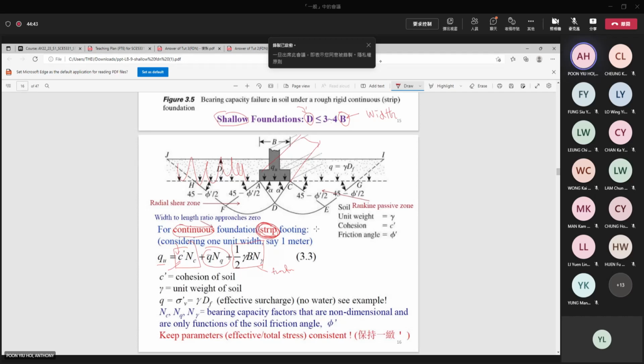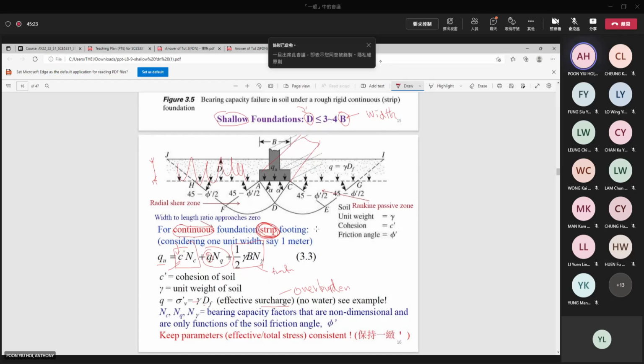And again, this q we call overburden or surcharge. Some folks use overburden, some folks use surcharge. So this q is the amount of soil. If the surcharge is high, then the bearing capacity is high as well.